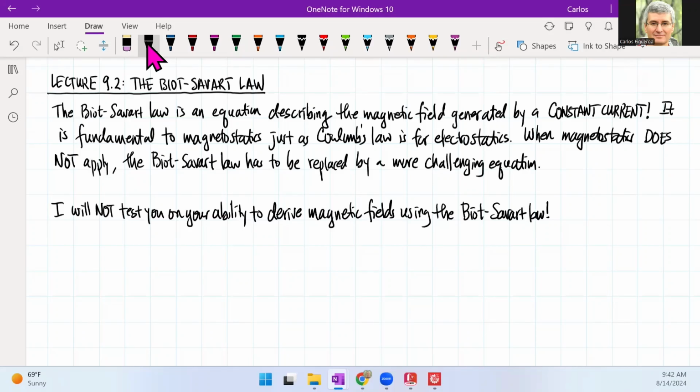However, I think it's important that you see me derive some important examples, like the magnetic field of a single wire, a magnetic field of a loop, a magnetic field of a solenoid. And the reason why is that it leads to better understanding of the behavior of the magnetic field.